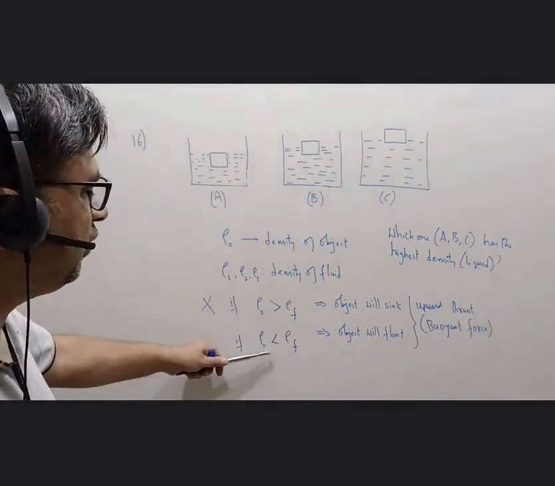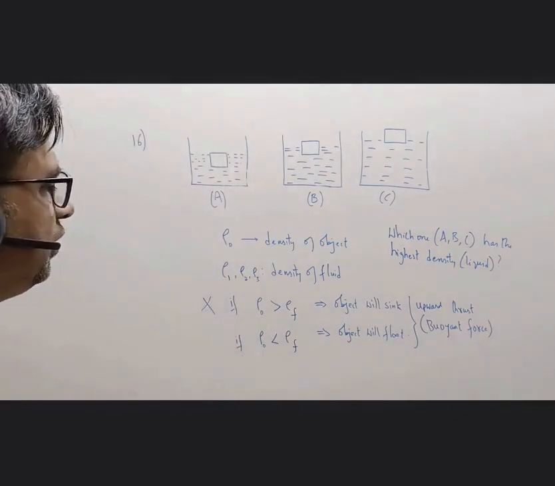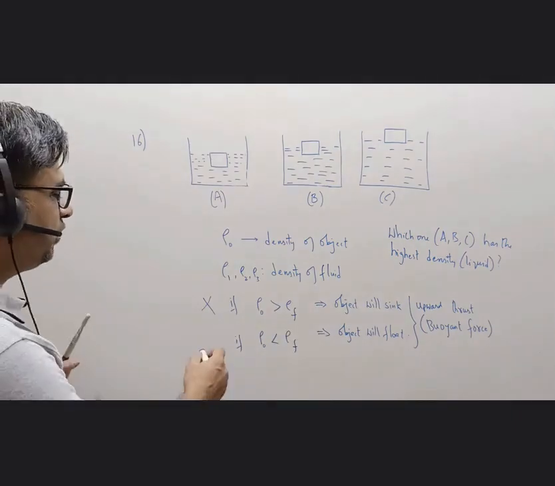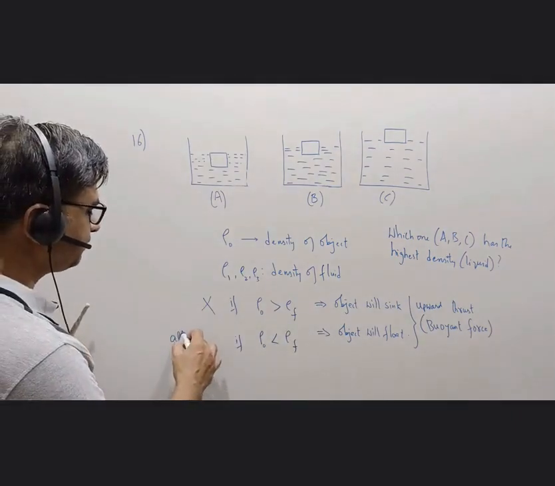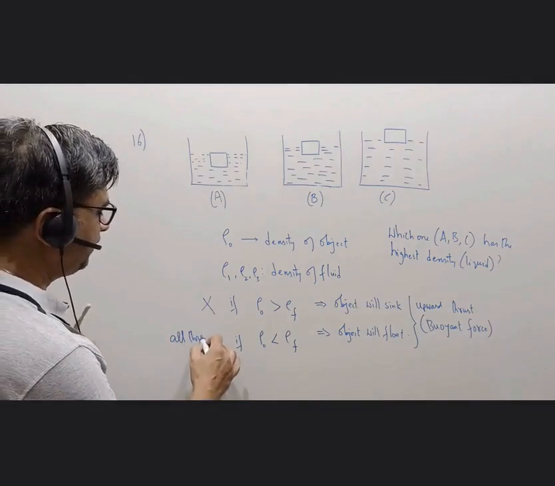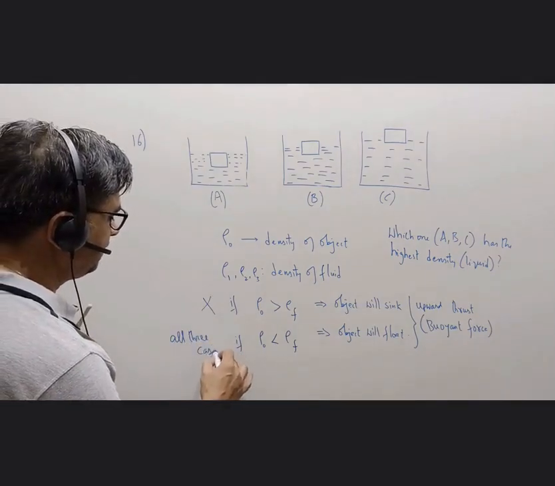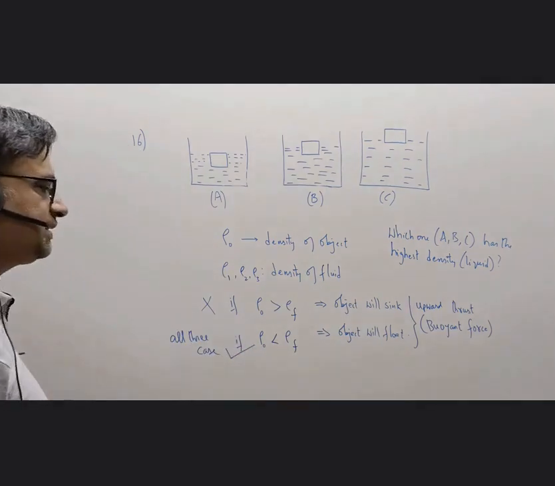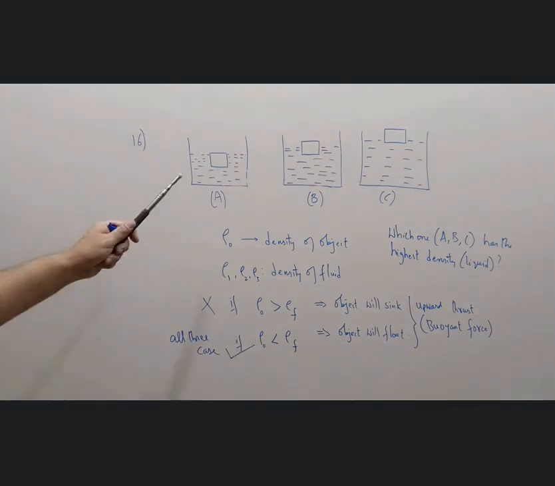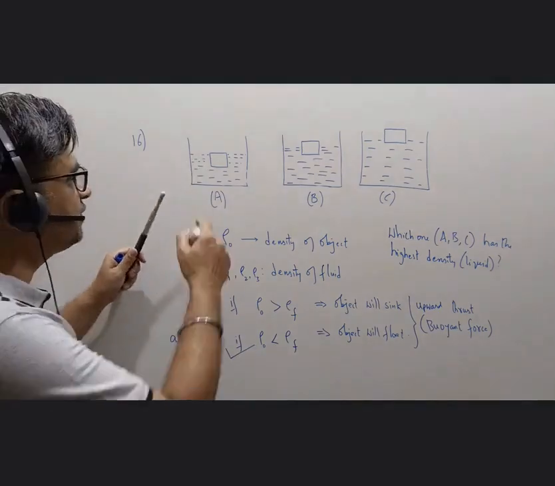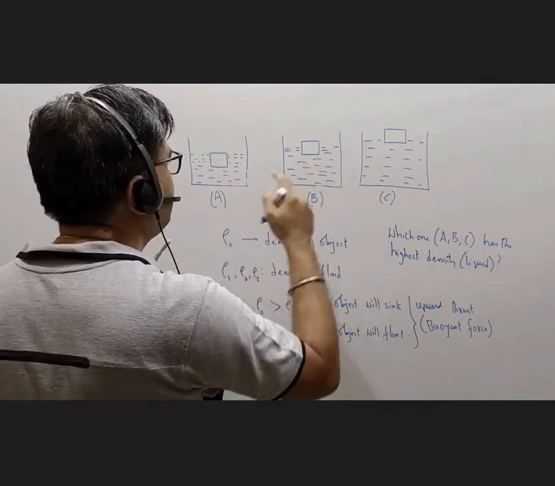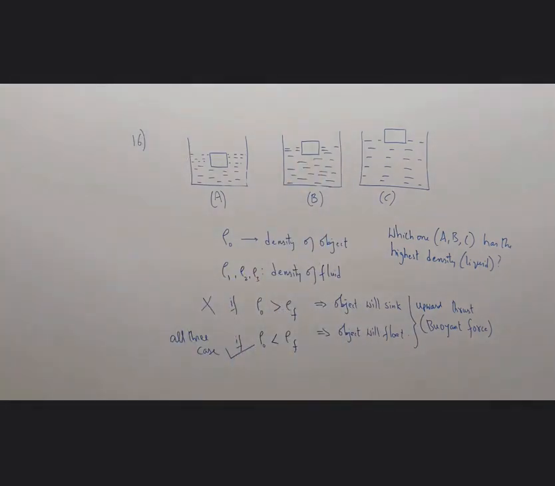If the density of the object is less than the density of the fluid, the object will float. So in all 3 cases, this condition is working, which means the density of this object is less than the density of the fluid.